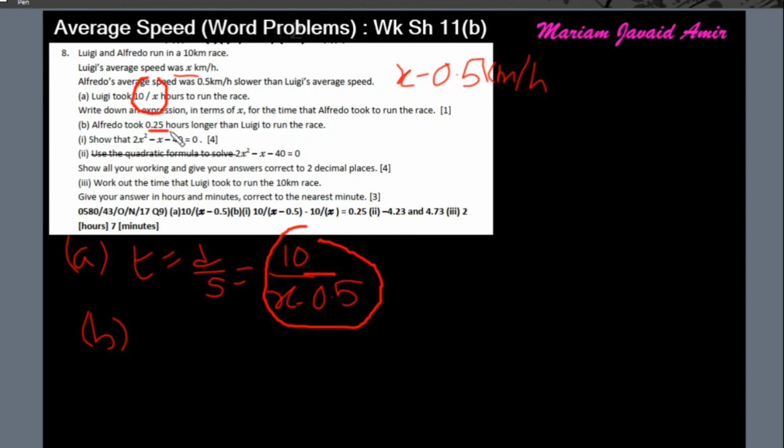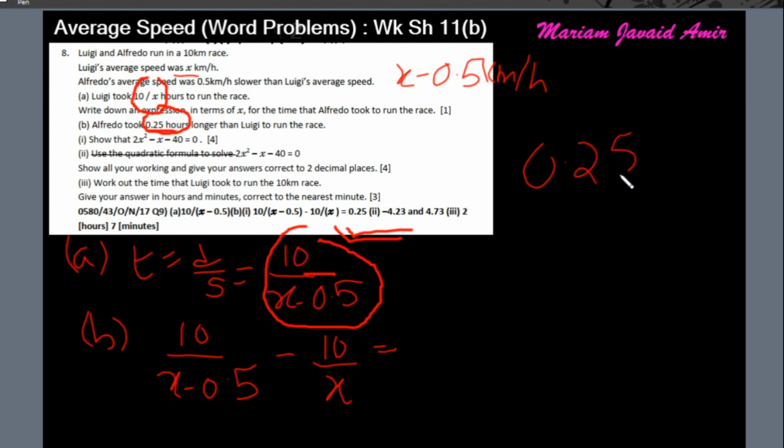Alfredo took 0.25 hours longer, so his time is bigger. So I'm going to write this time first, minus 10 over x, and the difference between these two times is 0.25 hours, and for ease of calculation 0.25 can be written as 1 by 4. So I'll equate this to 1 by 4.